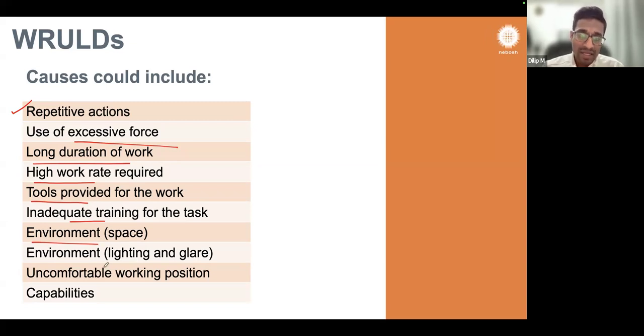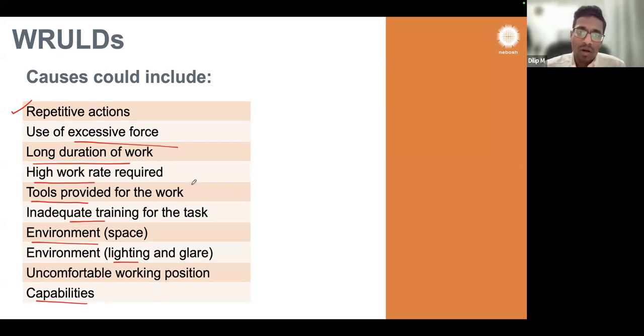Or if the lighting is poor or causing glare or shadows, or if the working position is uncomfortable, like you have to bend forward or stretch your hand. Or if the task is not meeting your capabilities, for example, for a person who already has a history of back pain or a muscle injury, these tasks could only aggravate the condition.